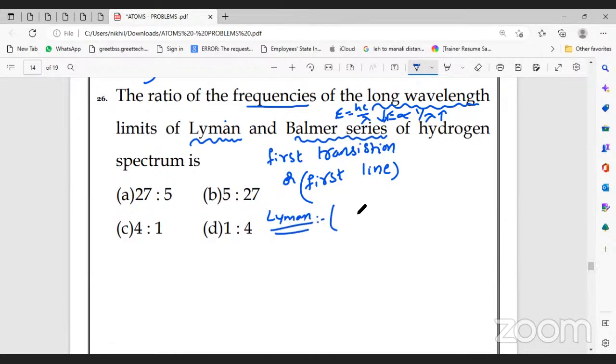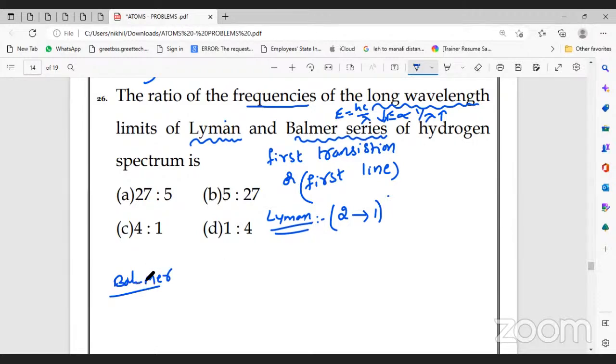First thing they are expecting for the Lyman series. For Lyman series, the electron has to come to the first state. From where does it come for the first transition? First transition is from 2 to 1 for the Lyman series. What about the Balmer?